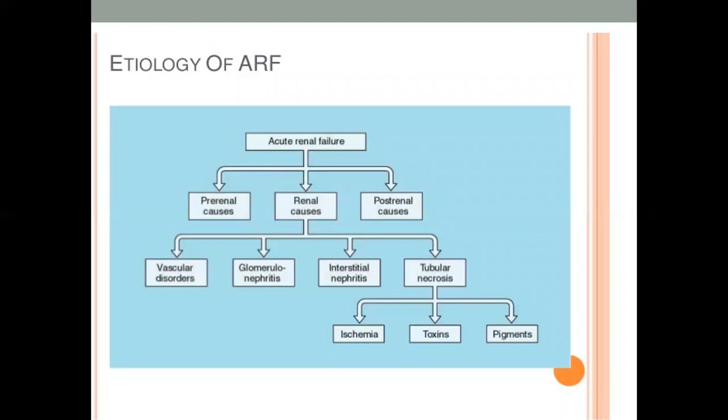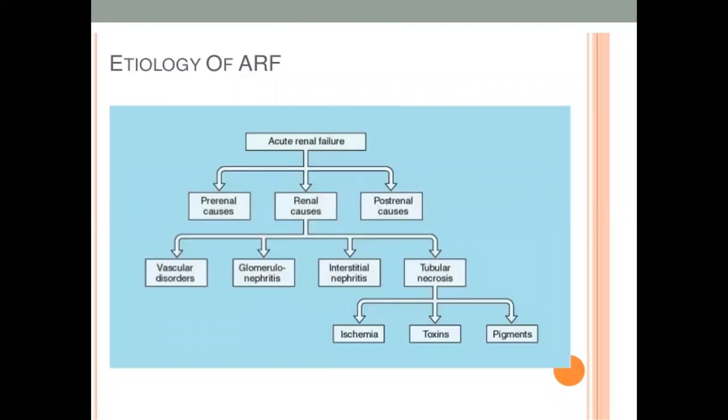All right, when we come to the etiology of acute kidney injury, I just took this diagram to give us an example, a picture of what we're talking about. So causes, we can have pre-renal, renal, and post-renal causes.